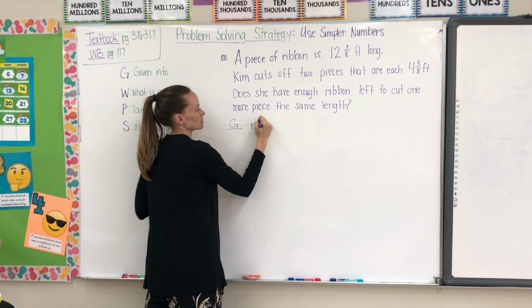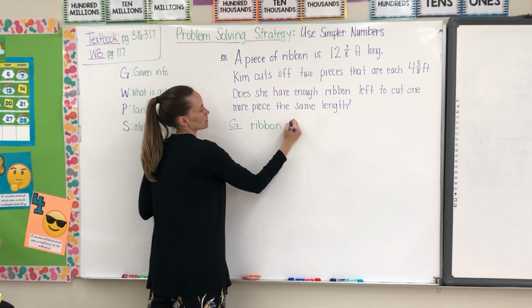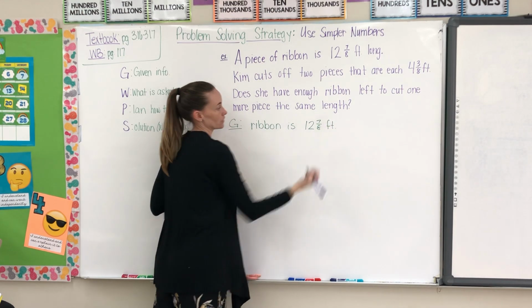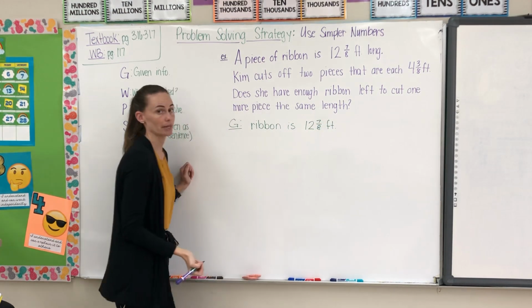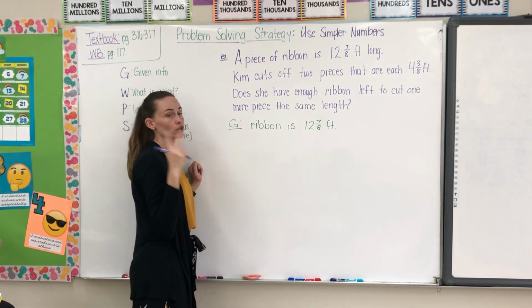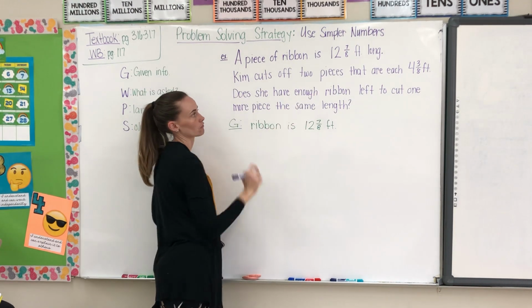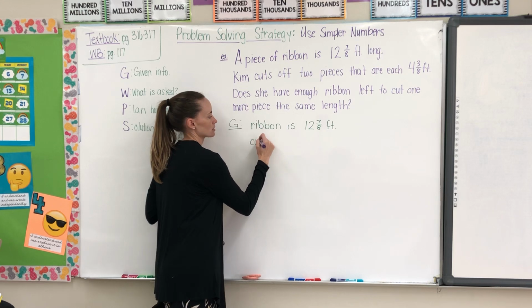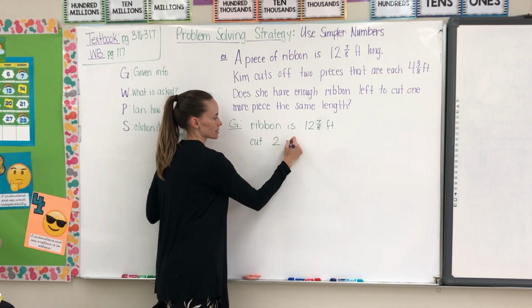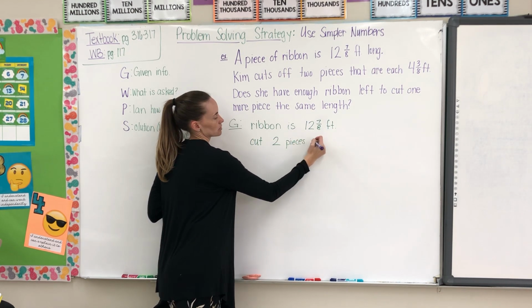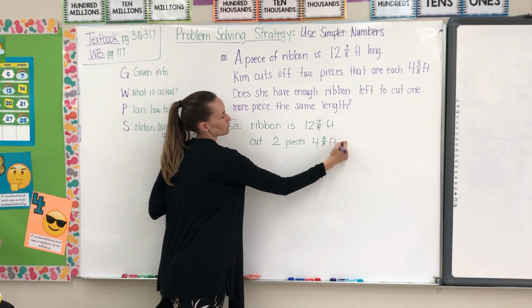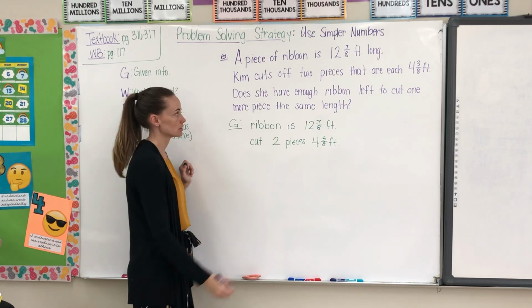The ribbon is 12 7/8 feet, right? She's gonna cut off two pieces that are 4 3/8 feet. So she's going to cut two pieces, 4 3/8 feet each one.